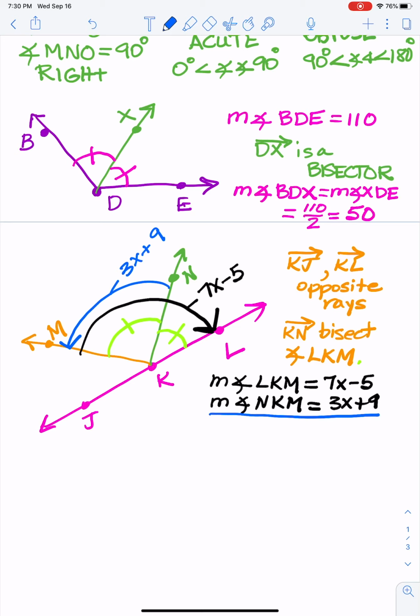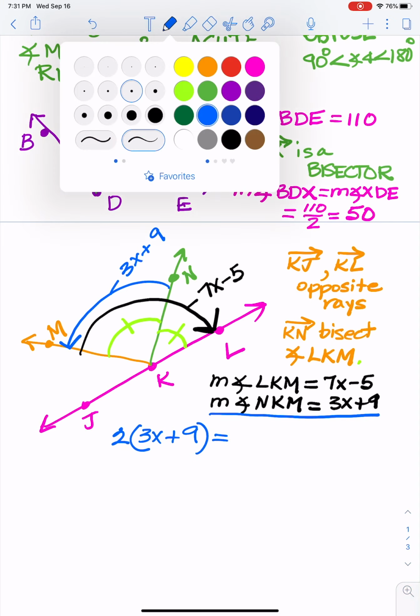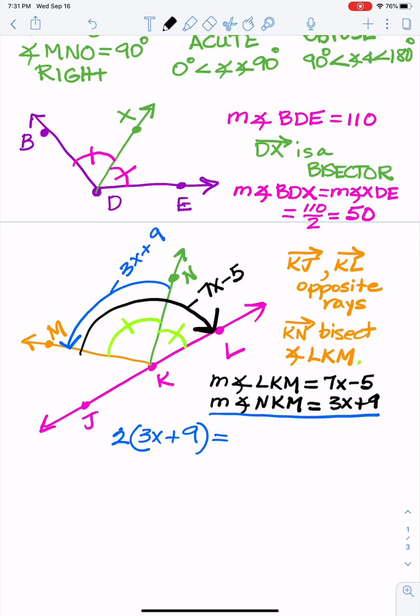So what is the relationship? It appears to me that two angles of the size of 3x plus 9 should be equal to the angle 7x minus 5. That's the relationship in the diagram.